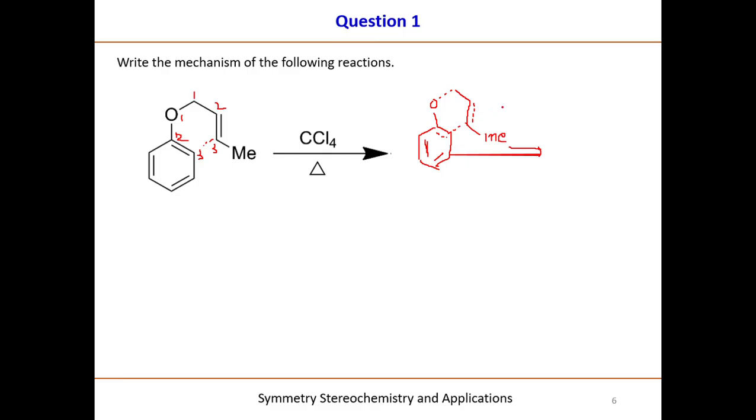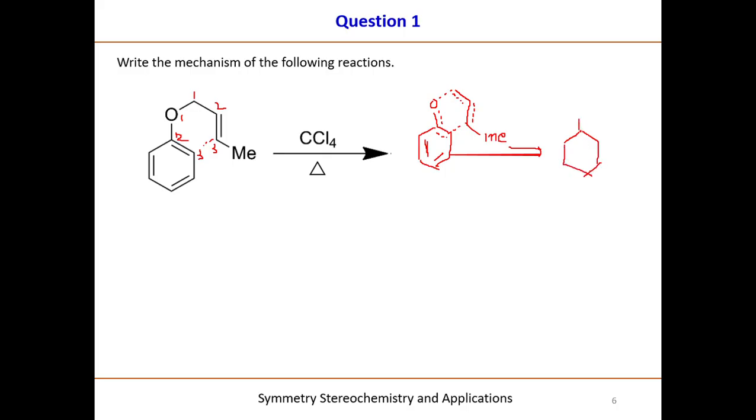So after bond breaking, what will happen? Here again the bond formation will take place. A new sigma bond formation between the 3 carbon atoms will take place here, and this double bond will migrate to the 1 2 position. So you just have to remember the numbering, that's it. Then you can draw the whole molecule.